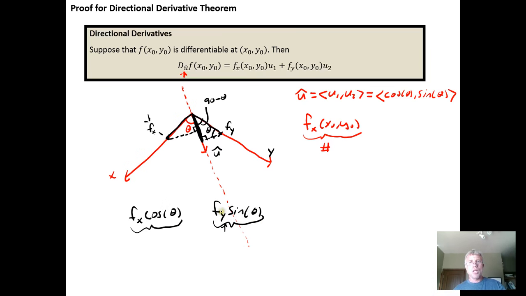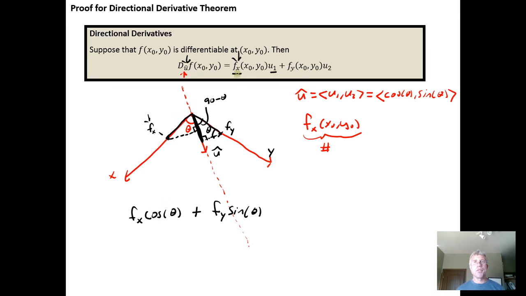And so each of the partials contributes to the rate of change in the direction of u hat, and we have to take the sum of the change contributed by the derivative in the x direction plus the rate of change contributed by f sub y in the y direction. We take the sum of those to get the total derivative in the direction of u hat. So that's a geometric justification for this formula.